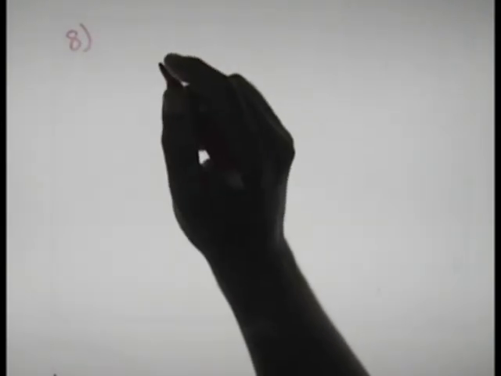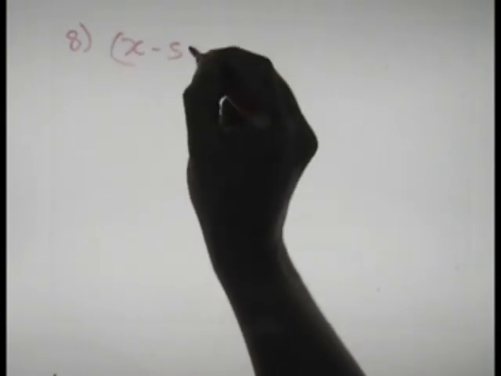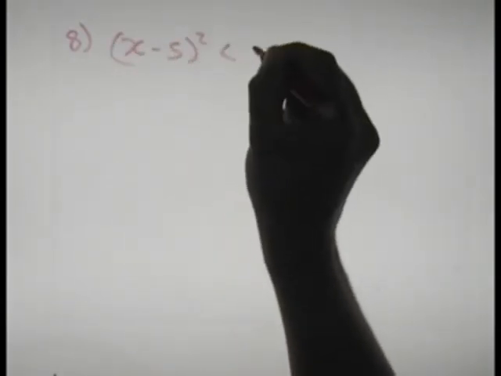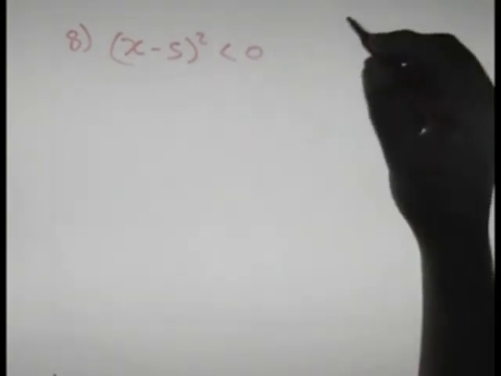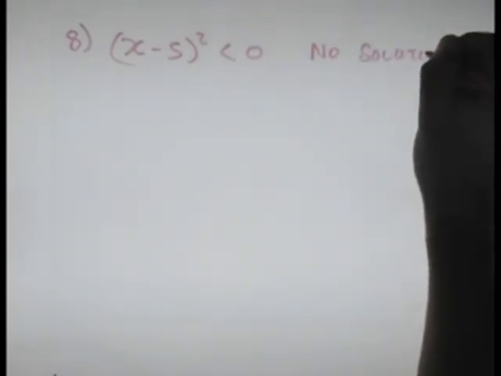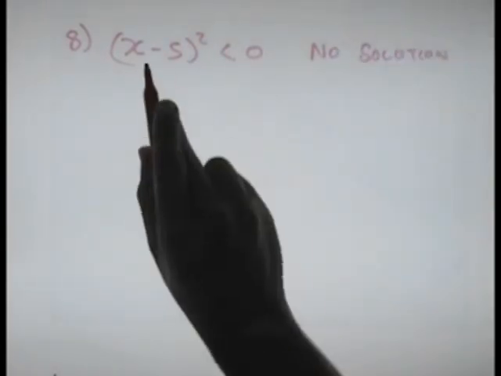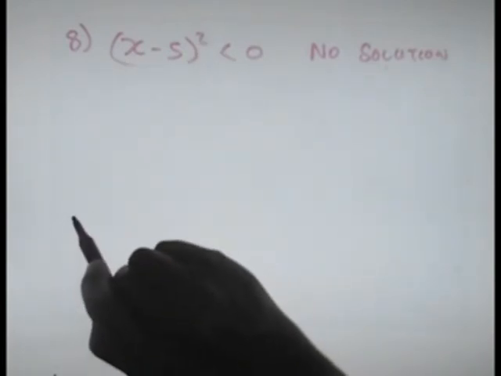Number 8. x minus 5 squared is less than 0. Now this here, immediately I can say there is no solution. The reason being because anything squared is always positive.